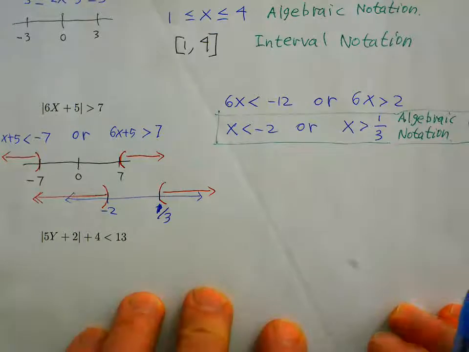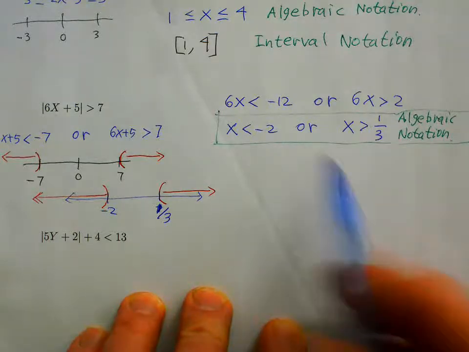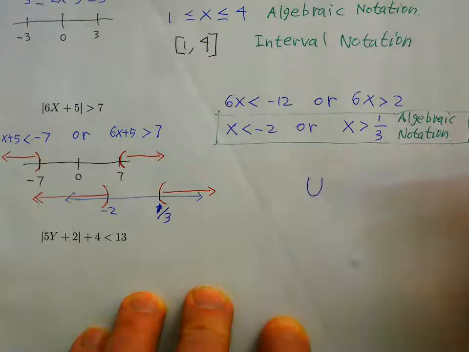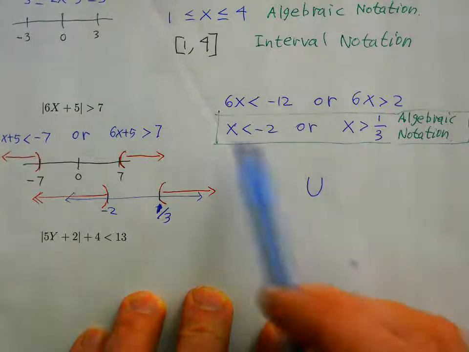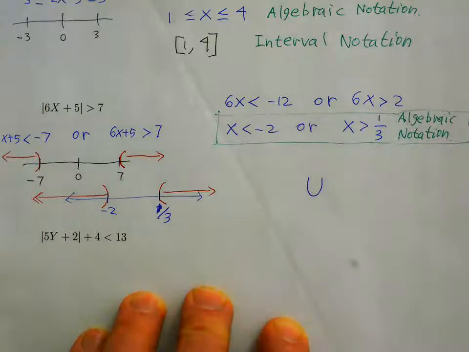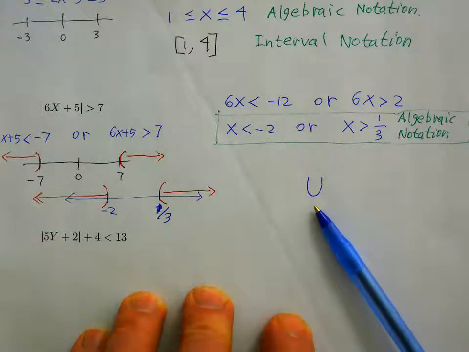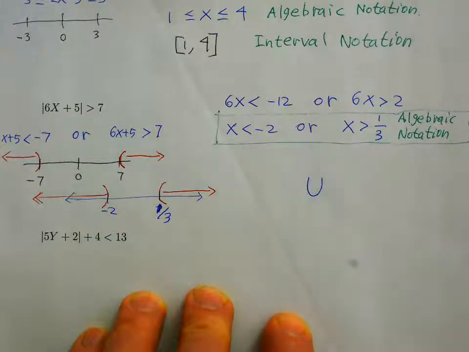Okay, so remember in interval notation, the word or translates to the union symbol. Union means we're combining both parts of the number line together so that we get a bigger set than the individual sets.